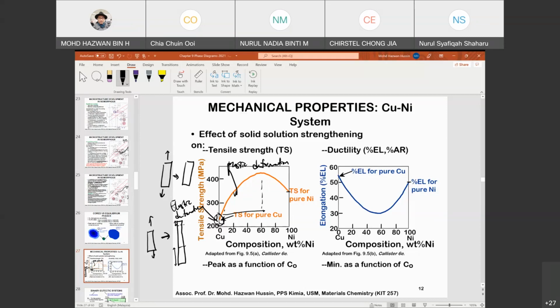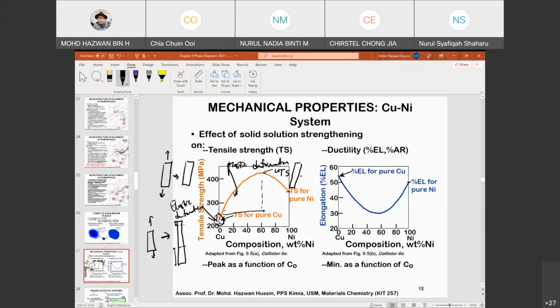Okay, it will experience plastic deformation, and after this, over here, it will experience the so-called ultimate tensile strength, the optimum one. And finally, it will drop. This happens when the material experiences necking and breaking.